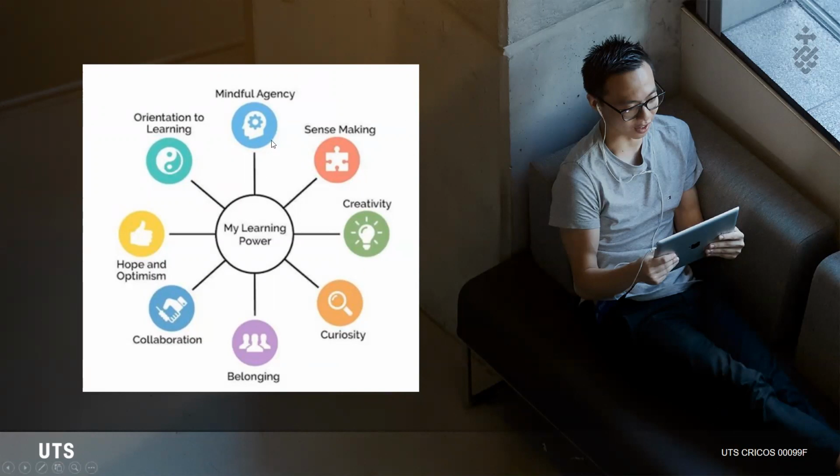And each individual's profile is going to be different. So there's a series of behavioural related questions that help to establish what that individual's profile is. So you can see up the top here, we've got mindful agency.